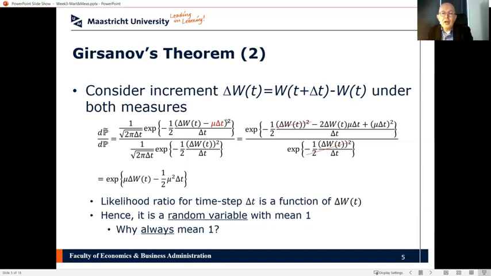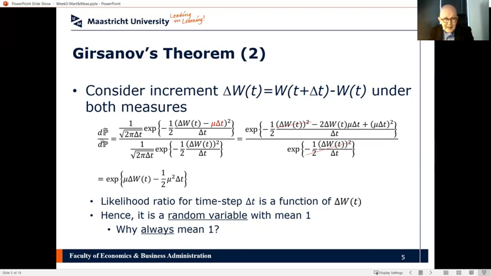So I can work out this quadratic form, delta w minus mu delta t squared, as delta w squared minus 2 delta w mu delta t plus mu delta t squared. Now I see that the delta w squared term in the numerator and the delta w squared term in the denominator cancel against each other.